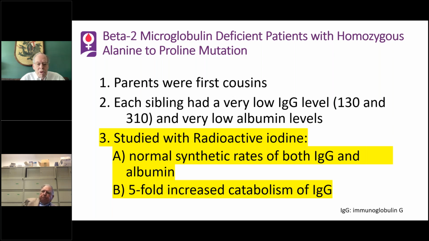Their albumin levels were very low as well. And back then, they could be studied with radioactive iodine, which demonstrated that there were normal synthetic rates of both the IgG and the albumin, and simultaneously a 5-fold increased catabolism of IgG, defining the role of FcRn in recycling.